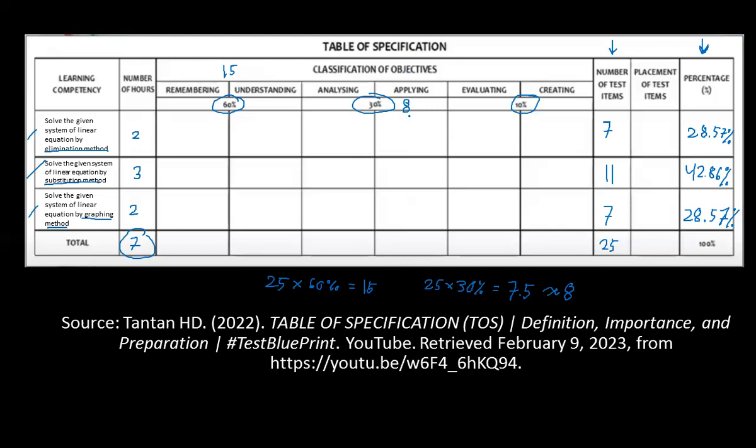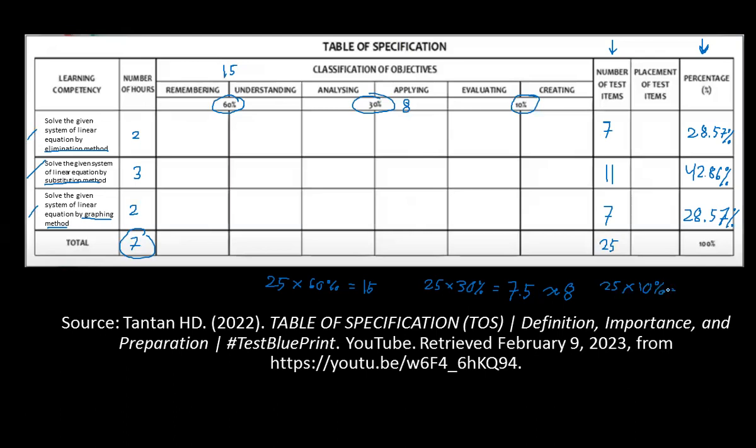So, out of 25 questions, let me rephrase what I'm trying to say. Basically, out of 25 questions, yung 8 items ay pang-analyzing and applying. Now, let's go to the evaluating and creating. So, dito, since 10% siya, we will multiply 25 by 10%.